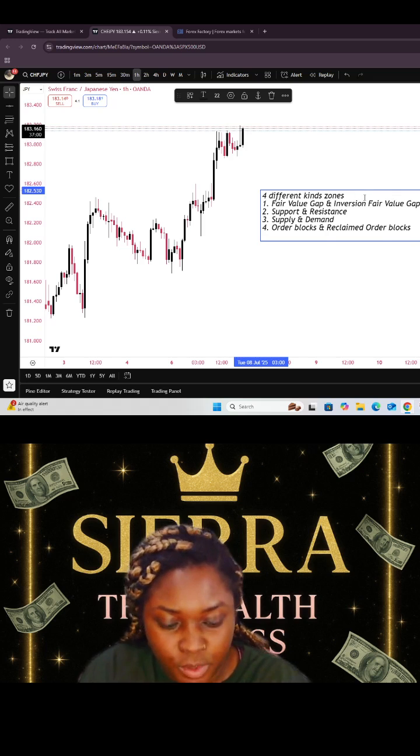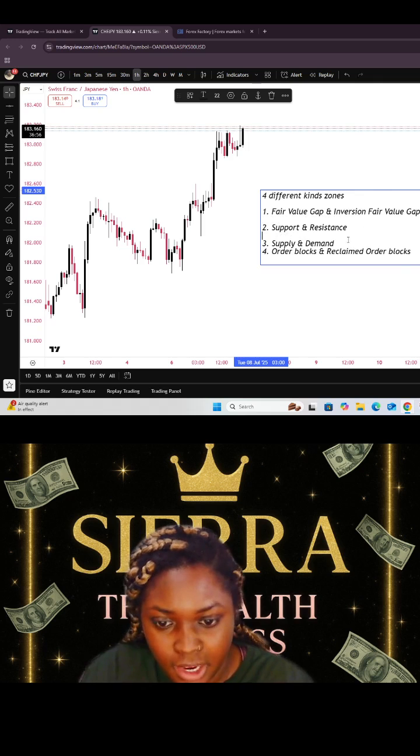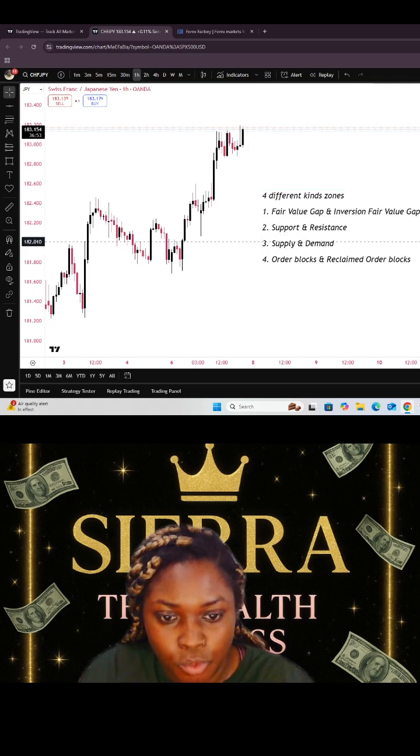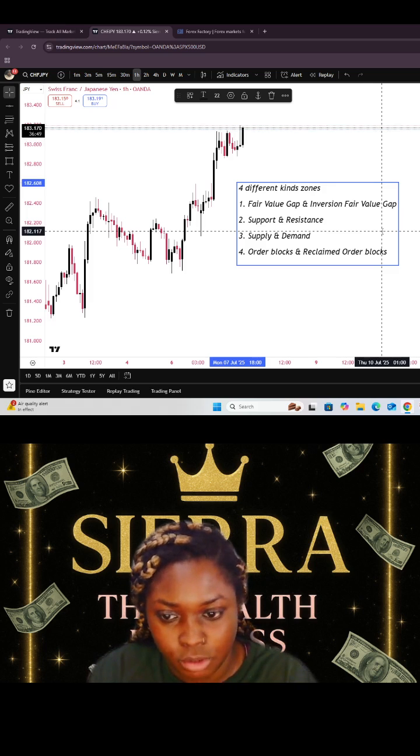All right. So with each zone, as you can see, there's an and in between, right? So one zone will be a buy zone, the other one will be a sell zone, right?